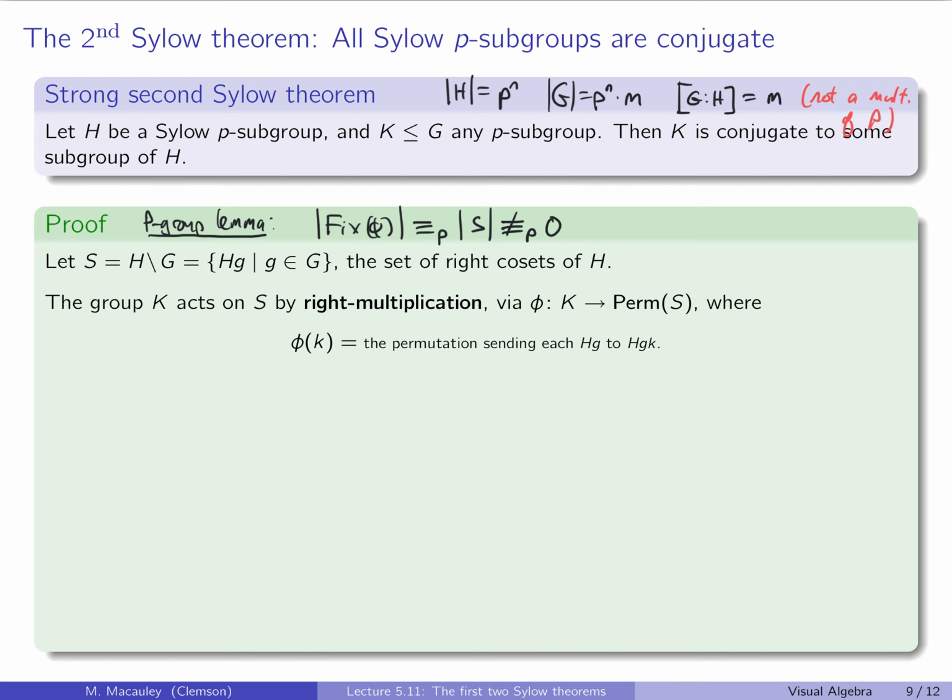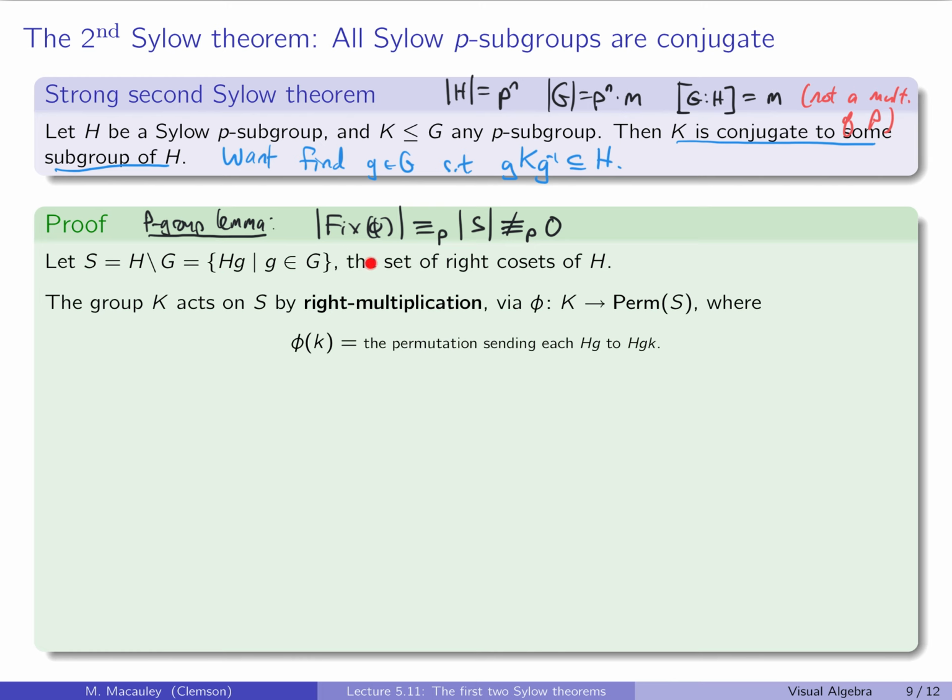Okay, so now what? We're trying to show that K is conjugate to some subgroup of H. So we want somehow to find some element g such that gKg inverse is contained in H. So some conjugate of K is in H. And here's what I claim: any fixed point of this action, if we take the representative, that g is going to work.